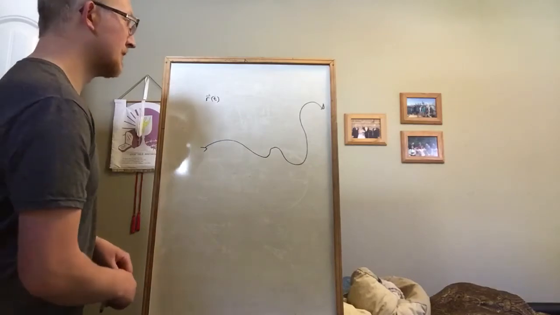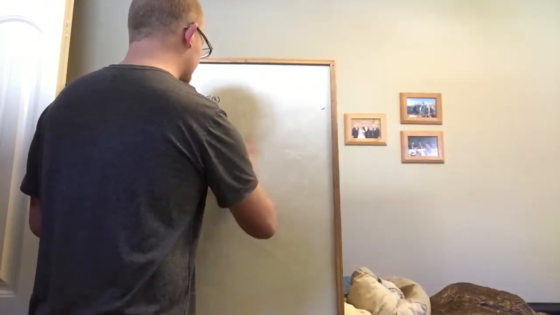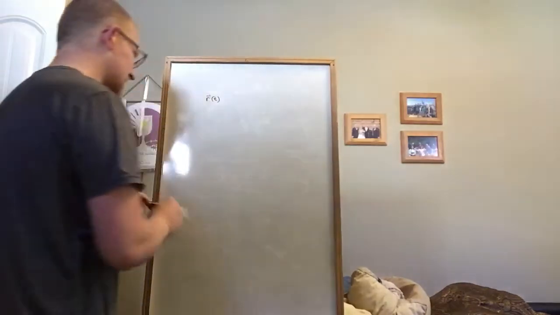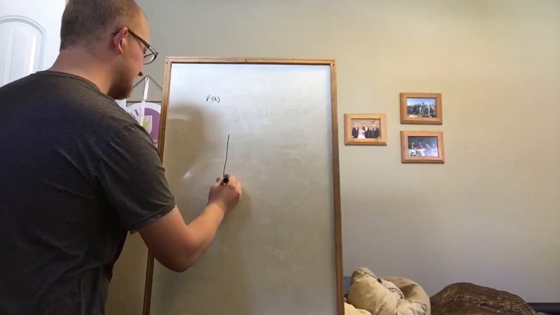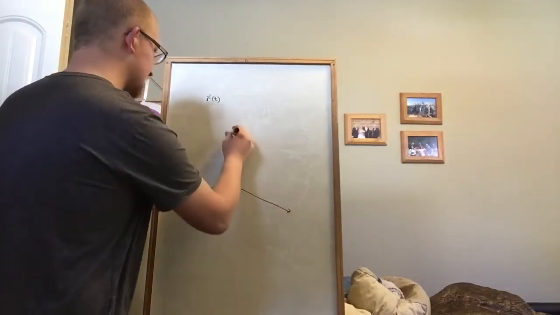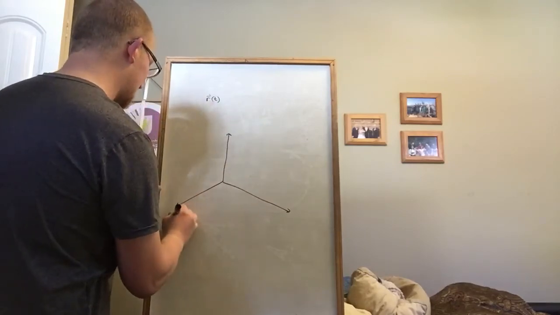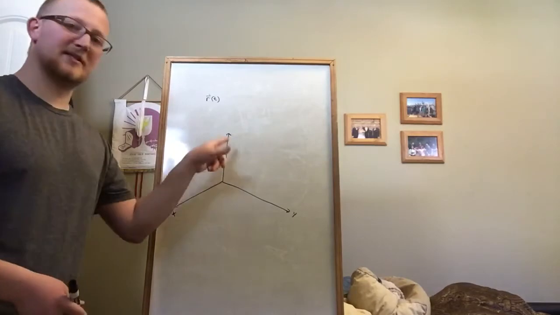And so the difference between a vector and a scalar integral is, let's start with a scalar. With a scalar function, let's say that we have a function of x and y.